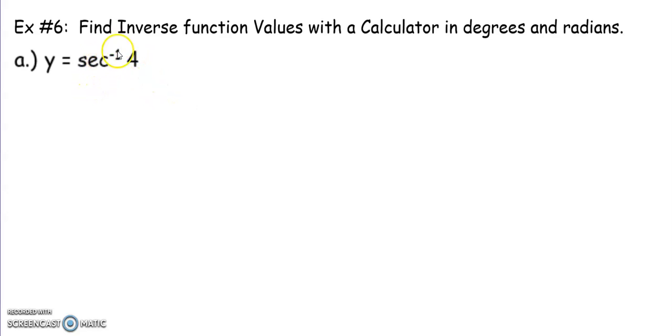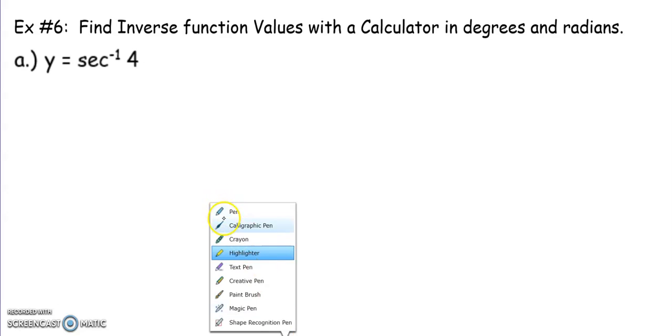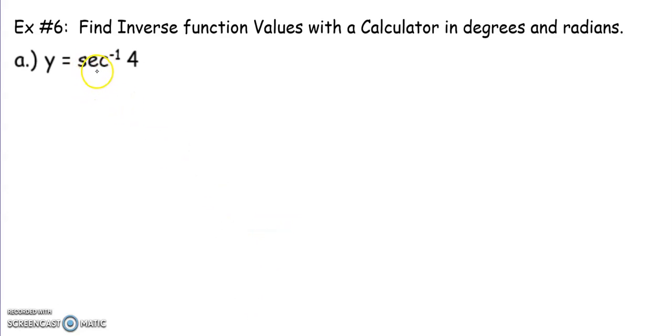So if we want to use our calculators to find our degrees and radians, that means we need to set up our calculators for degrees, and then we're going to set up our calculators for radians. Secant is associated with inverse cosine. So we're going to find the inverse in our calculator.